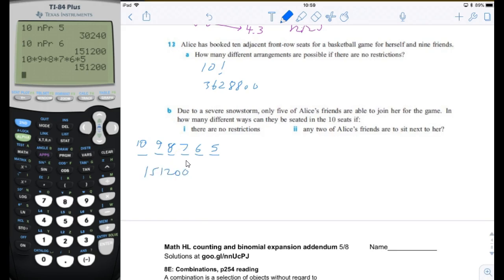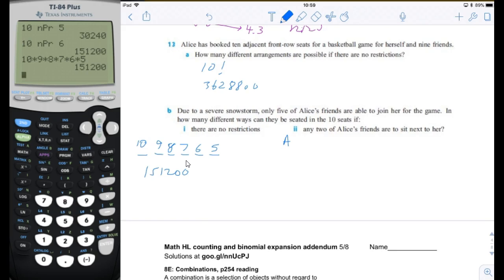Okay, now this last one. How many different ways can they sit if 2 of Alice's friends are to sit next to her? Okay, so let's take this one step at a time. So if you have Alice, how many different ways could Alice sit in the 10 seats to start out with?